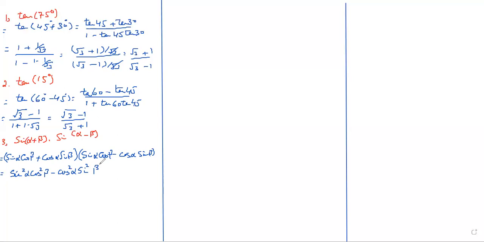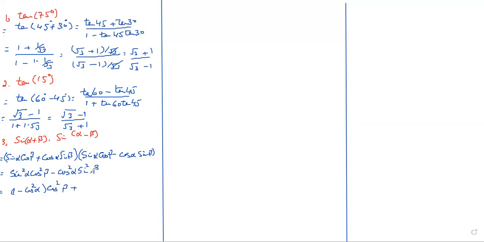We have two answers for it. Sometimes this question is asked as prove that this equals this, so then we have to do it like this. First of all, we'll change all the sines into cosines, and then we'll change cosines into sines to get both answers. So we have sine square alpha is 1 minus cosine square alpha, times cosine square beta.